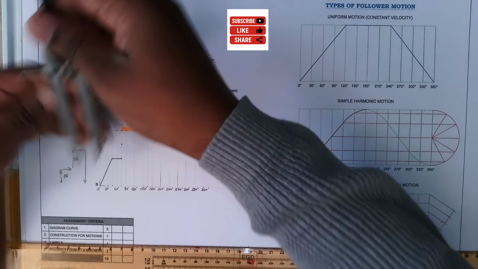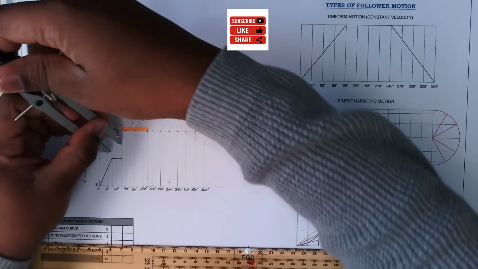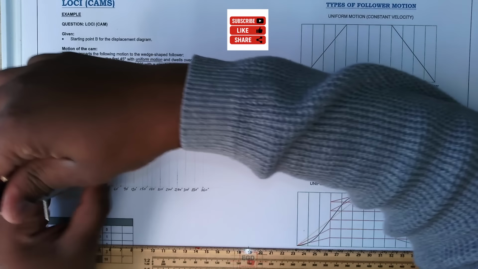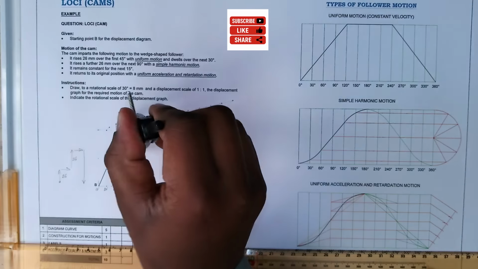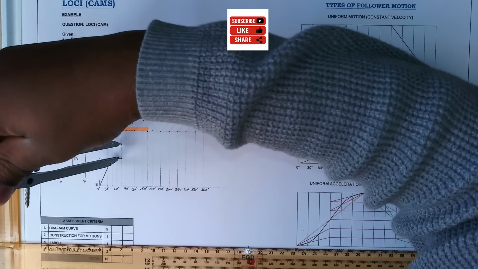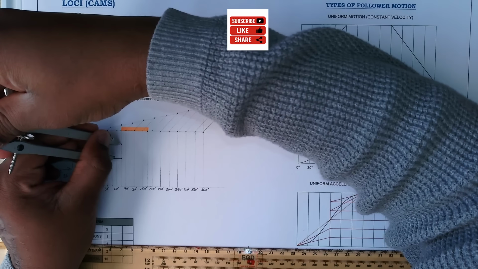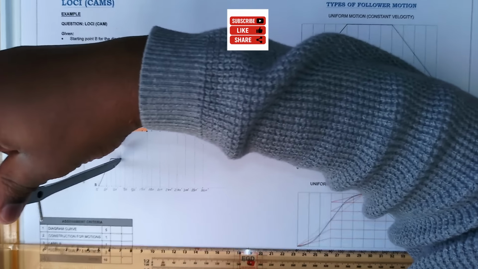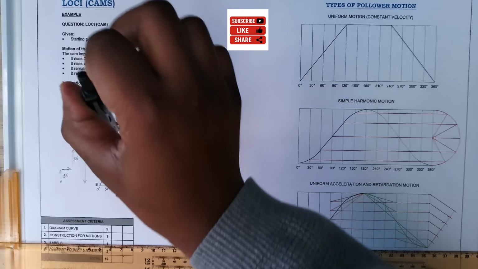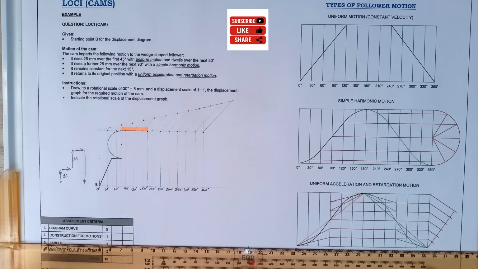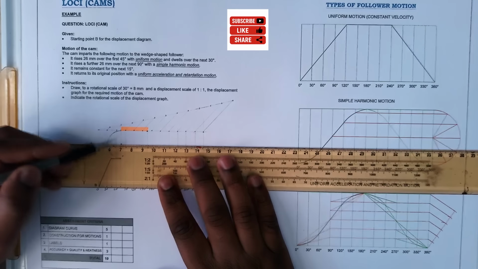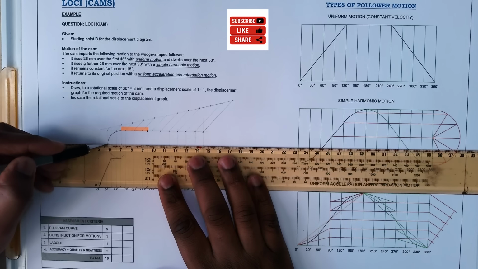I'll just put my compass there to that point. It must go straight to there. Okay, something like that. And then I'll have to divide the semicircle into 6 equal parts.